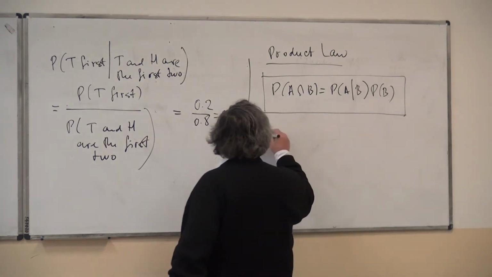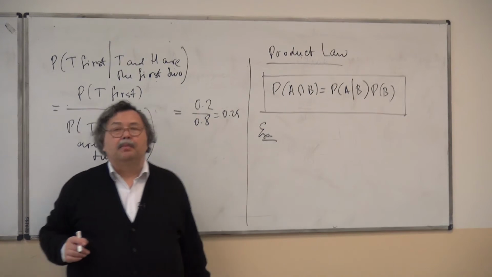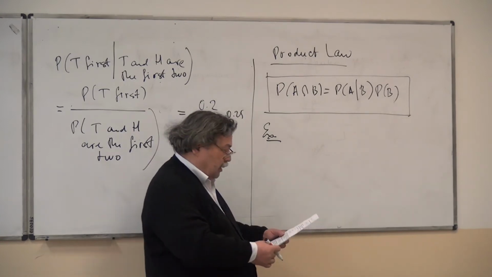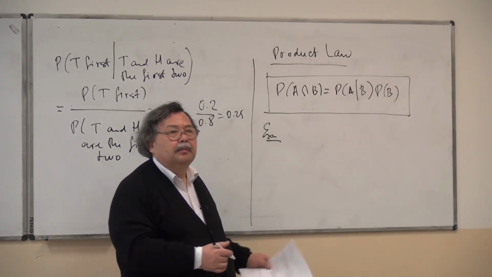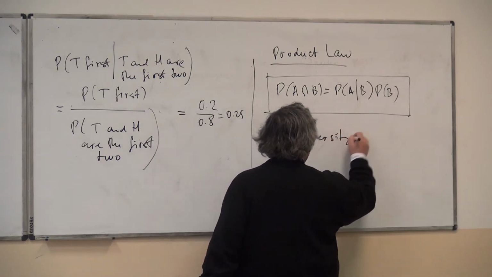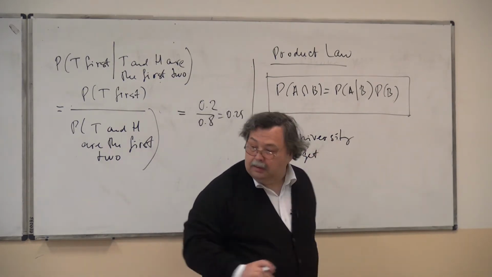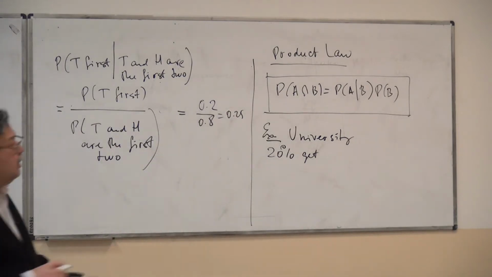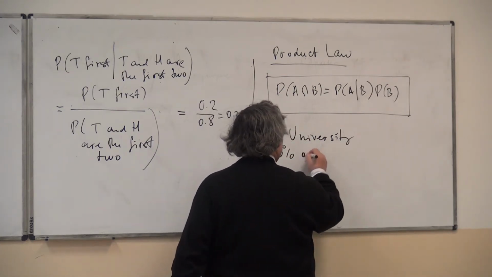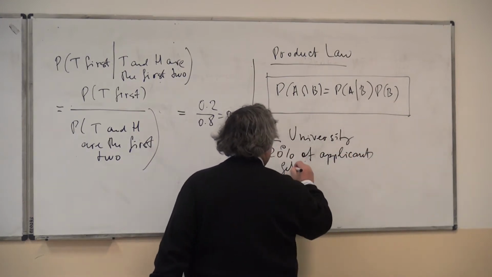Let's give it an example. 20% of the applicants that come to some university, 20% get admitted. I'm sorry, let me write it in greater detail. 20% of all the applicants get admitted.